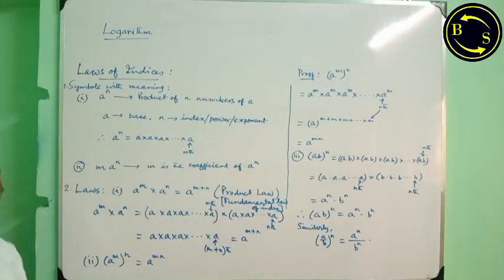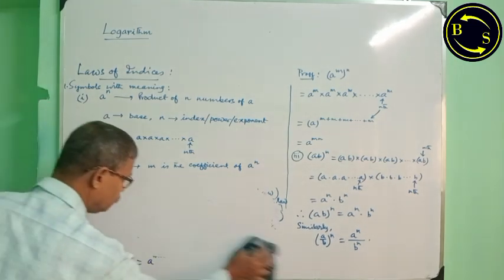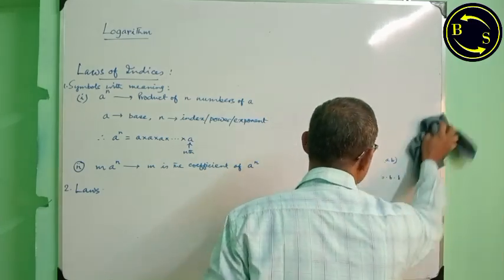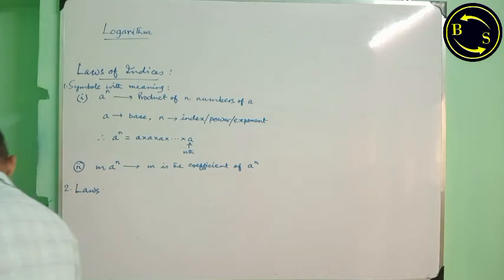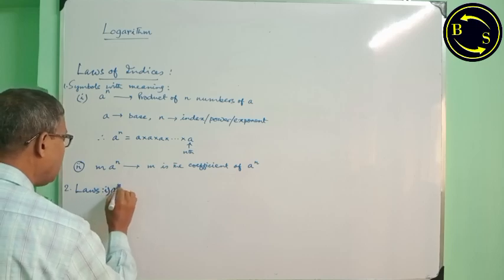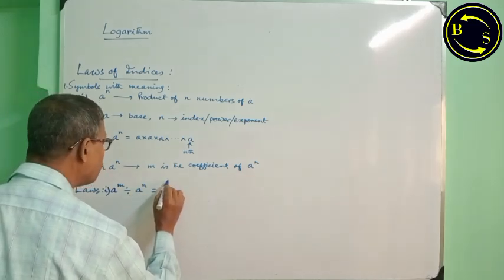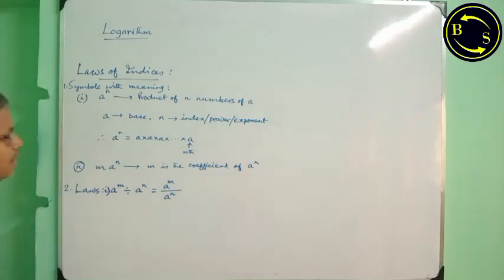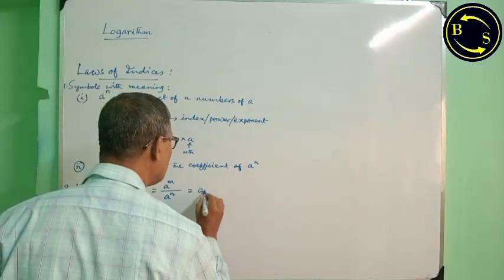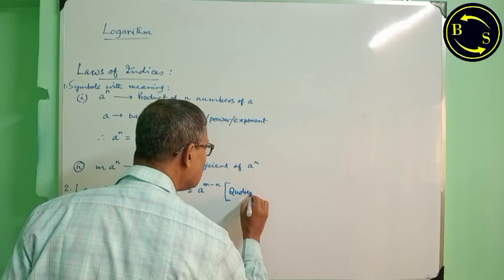Next we have, in case of division, a to the power m divided by a to the power n, which can be written in the fraction form, a to the power m divided by a to the power n, numerator a to the power m, denominator a to the power n, that is equal to a to the power m minus n. That is known as quotient law.